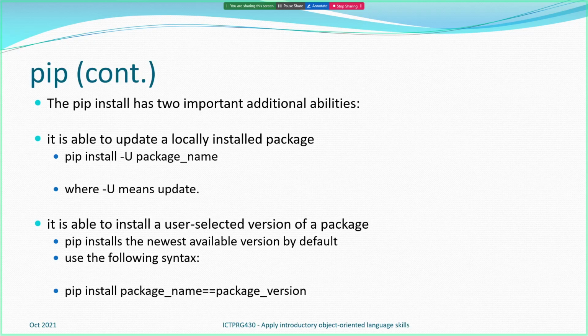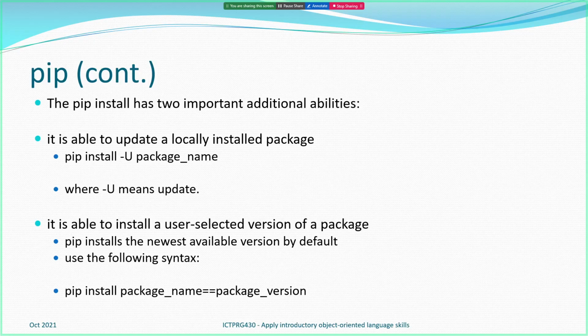If you need a specific version of a package, you need to change the syntax of the command. So pip install, the package name, =, and then the version.